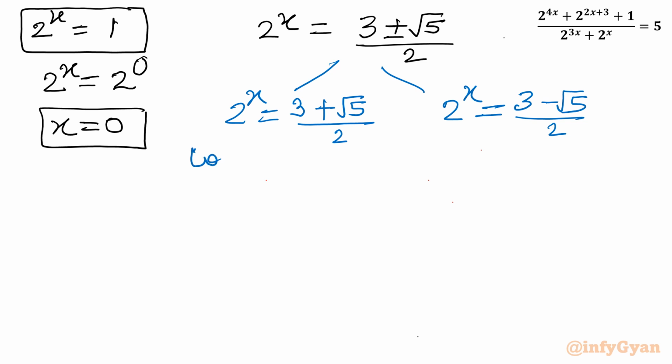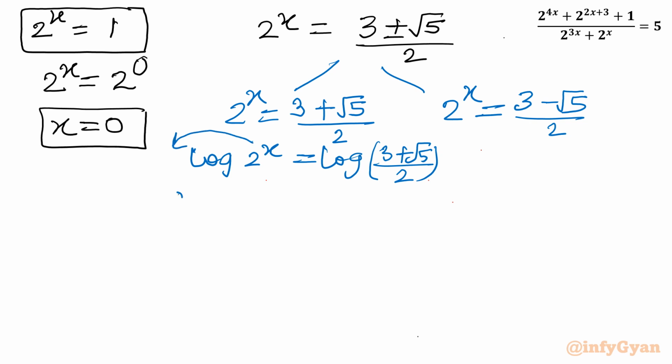So I will write log 2 power x equal to log of 3 plus root 5 over 2. Then I will consider the property. It will take this power as a multiplier. So x log 2 with base 10 is equal to log of 3 plus root 5 over 2.